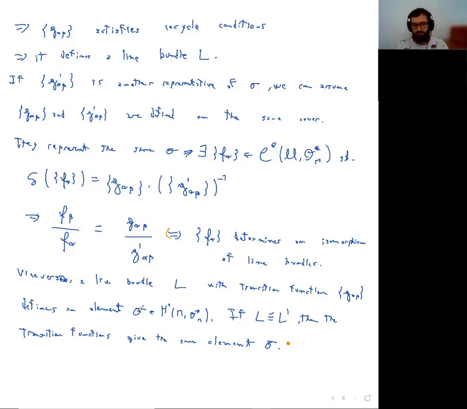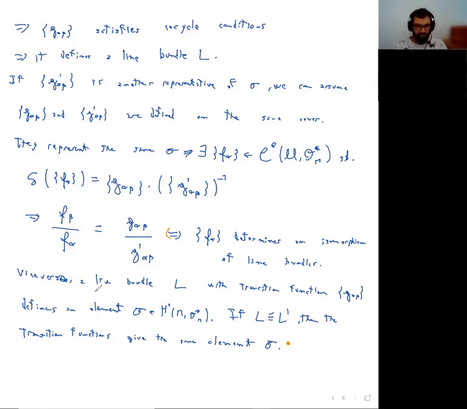In particular, you're the same element. Okay, and even if you change cover, again, we have all these maps that go from a bigger cover to a smaller cover, or a common refinement if you take two of them. So everything works.